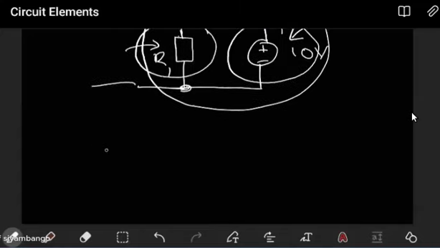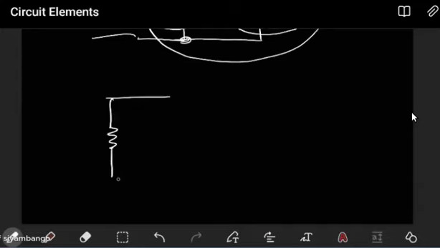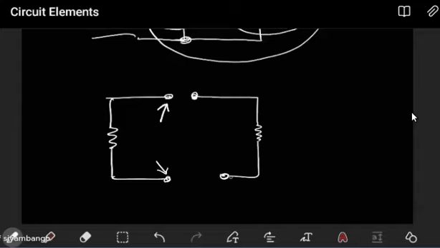If I have this as a resistor, the voltage difference means the voltage at this point and the voltage at this point, the difference in the voltages between those 2 points. Now, if I have 2 elements which are connected to those same 2 points, it means that these 2 points will have the same difference.